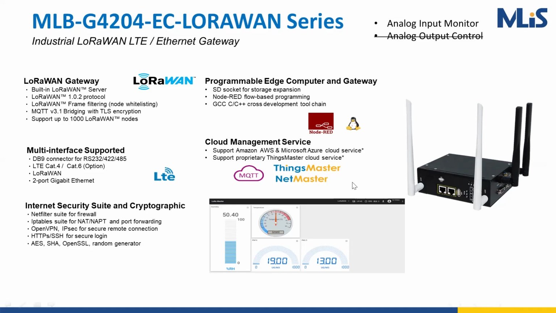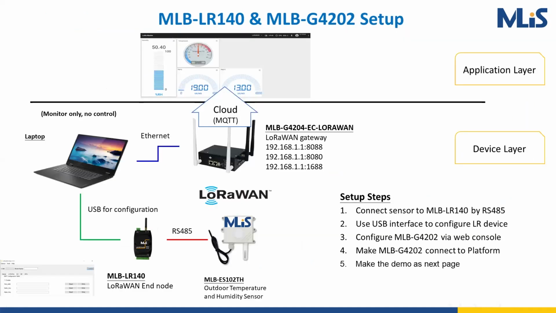Of course, it also supports cybersecurity features like OpenVPN, SSH, and OpenSSL. We also modularize the interface. You can select a model that supports both LTE and LoRaWAN, and it also supports 2 gigabit Ethernet interfaces.